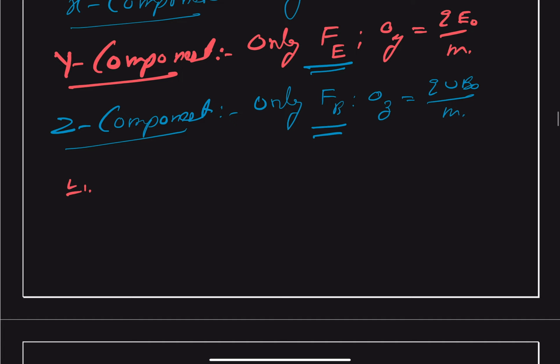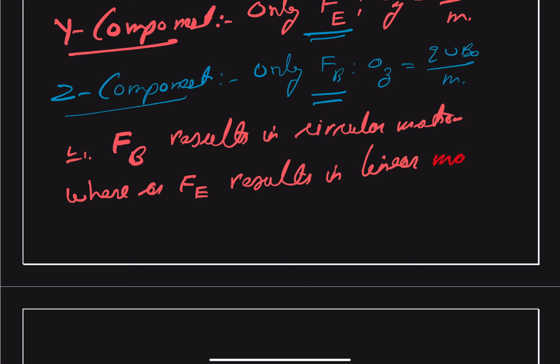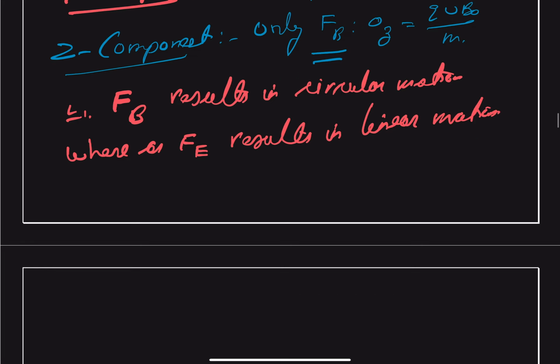You can say that Fp, that is the magnetic force, results in circular motion, whereas electric force results in linear motion.